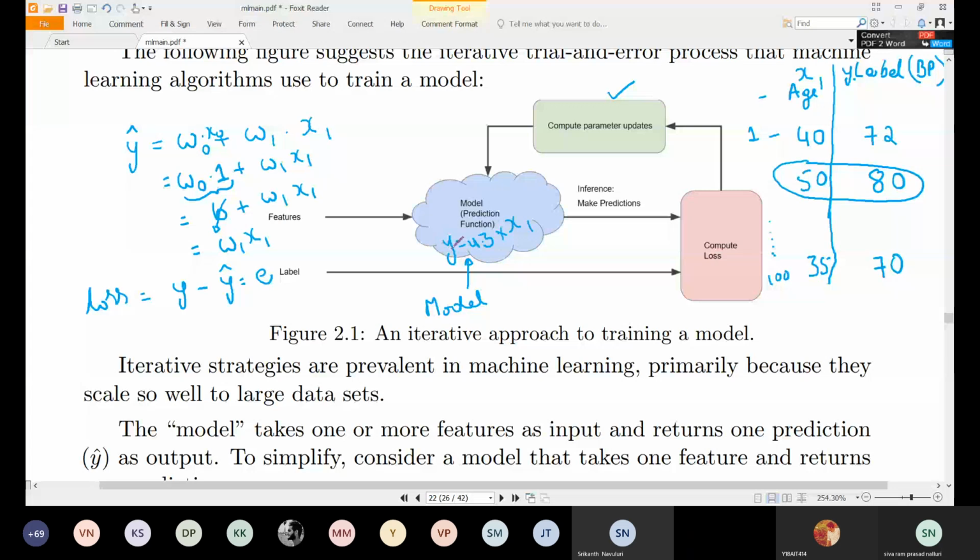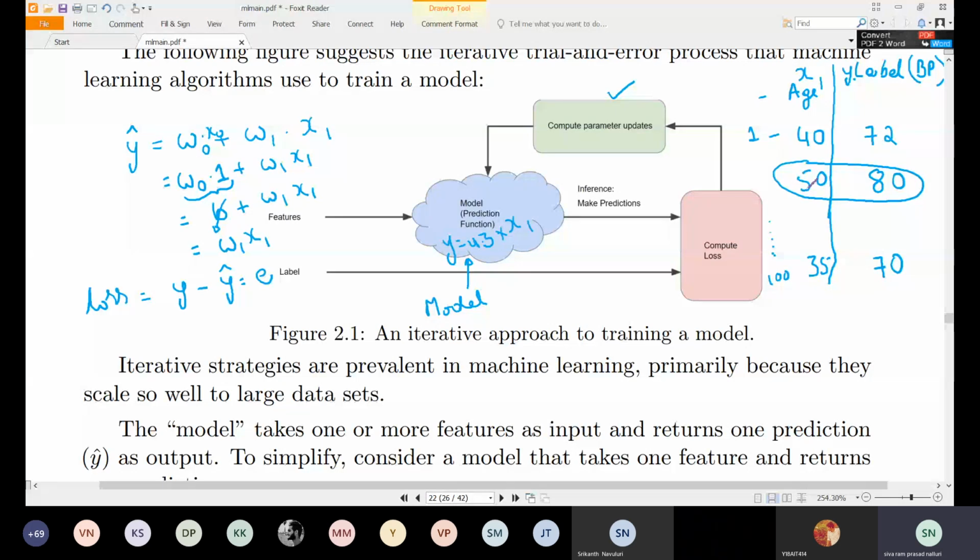Okay. So like that, after fitting the model using this training set, okay. Now, in order to test the model, what you do is you input the age of this person, say 50.